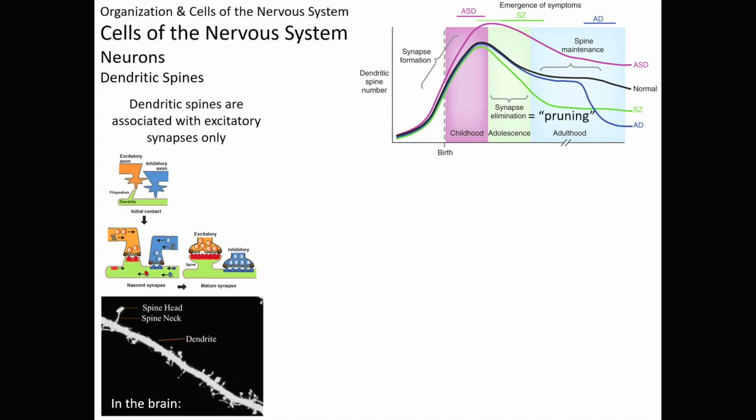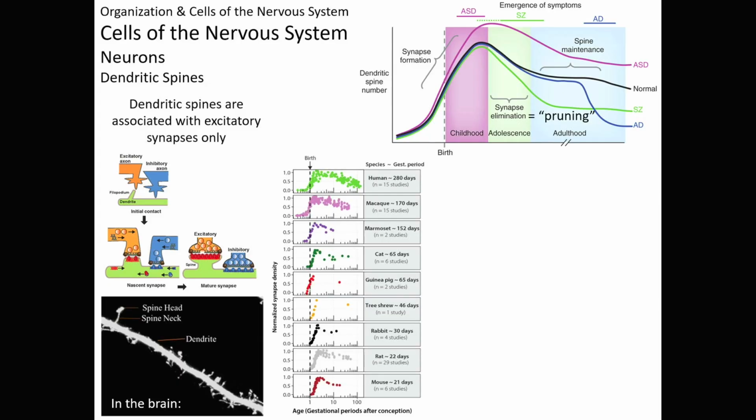There is this rise in spine numbers during gestation and early childhood. It peaks somewhere in childhood, decreases and then levels off, and then we get that age-related decline at the end. Now I want to show you a more detailed figure here. This one came from a pretty recent review paper, where they were looking at what they call synapse density, but it's akin to dendritic spine numbers.